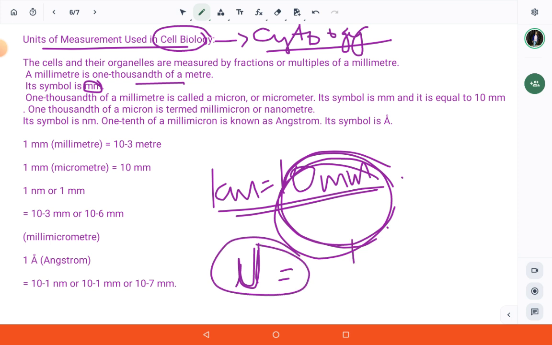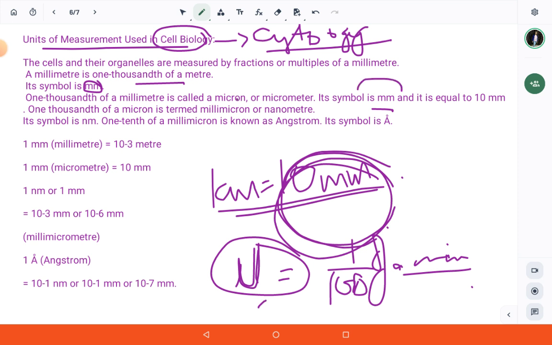Its symbol is µm. This micrometer or micron is equal to 10 to the power minus 3 mm. 1 micron is equal to 10 to the power minus 3 mm. 1,000th of a micron is termed as millimicron or nanometer. Now these units can be confusing, but you have to remember them.